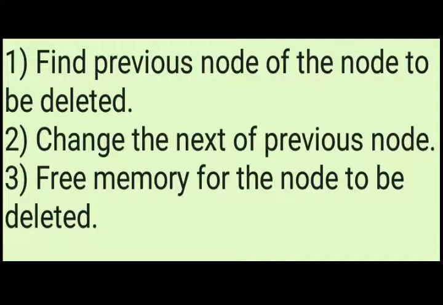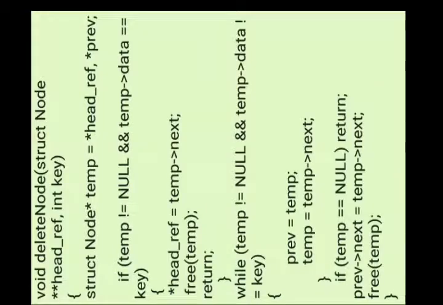If you understood the concept, we can move to the code now. These are the 3 points I have explained over here. Then code: void delete, head pointer and key I am passing as parameters. Key means which node I need to delete. Okay, I am assigning a temporary pointer variable, and if the head node itself holds the key to be deleted, then follow this code part.